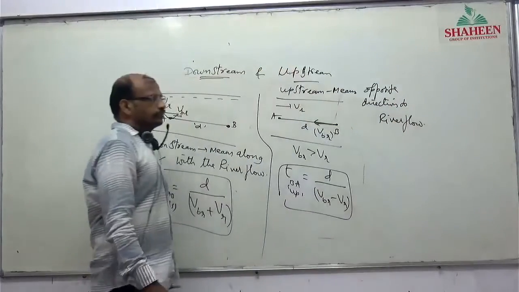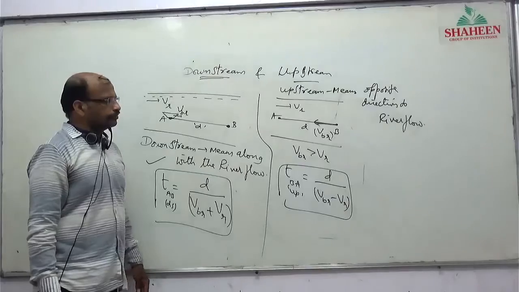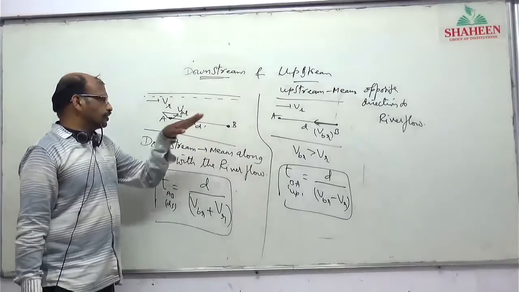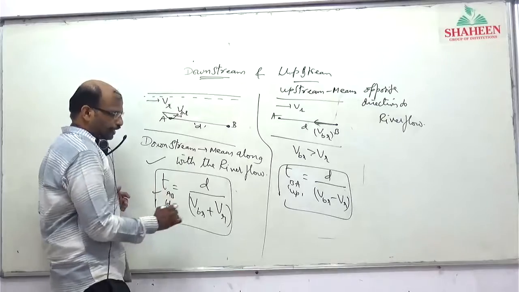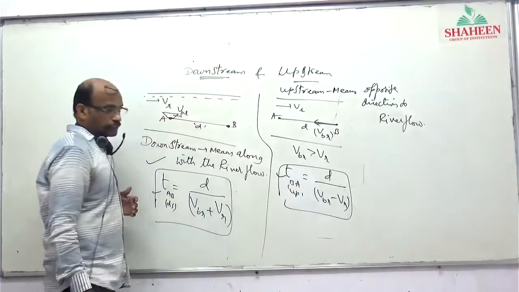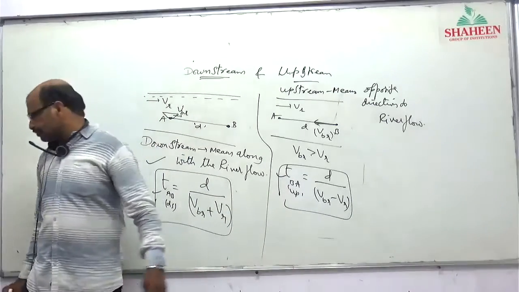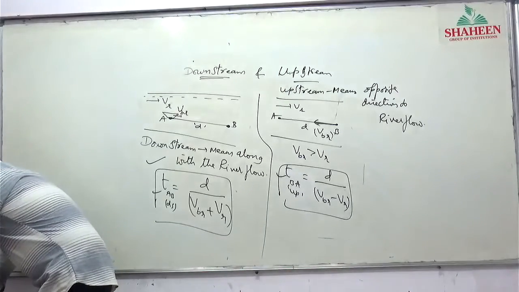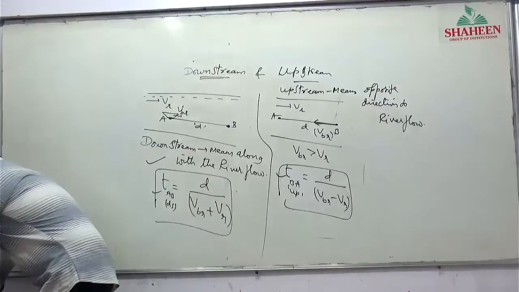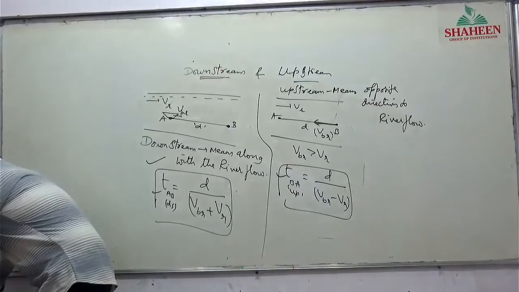Is it clear, ma? Please draw this diagram for upstream. Draw this diagram for downstream and write the equation. Time taken A to B downstream. Time taken B to A upstream. Please make it a note. Is it clear now? Yes, upstream means against river flow.